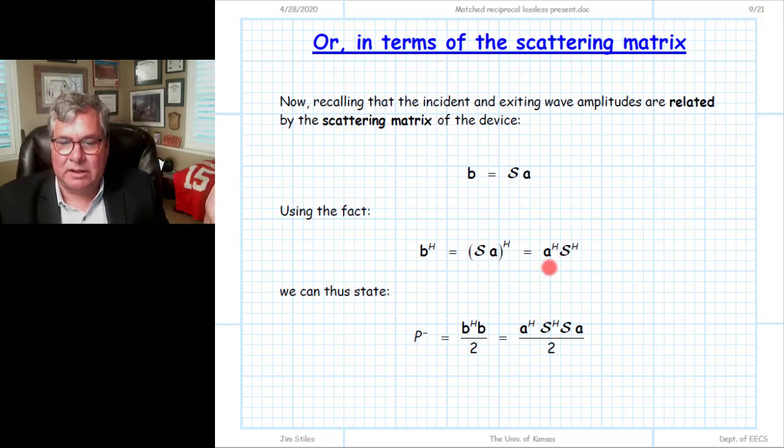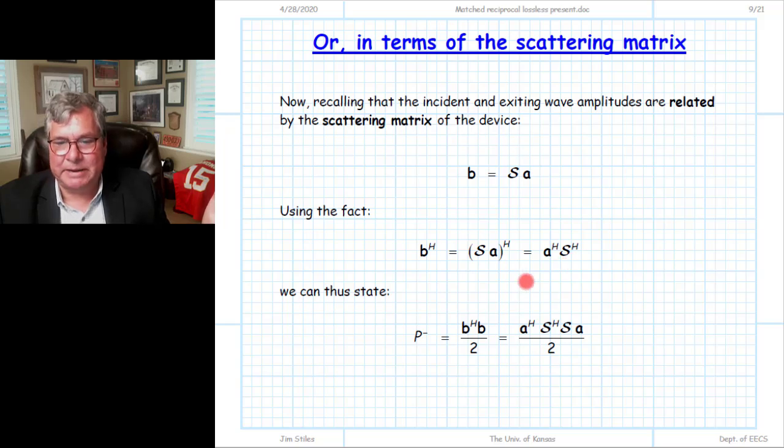Why do we care? Well, let's go back to our power associated with the scattered waves. This is a sum of the power associated with each of the waves scattered from the ports. And we found that it was equal to this. It can be written in terms of the B vector in this form. But now we've written this B vector in terms of the A vector and the scattering matrix. Likewise, the Hermitian transpose in terms of the A vector and the scattering matrix.